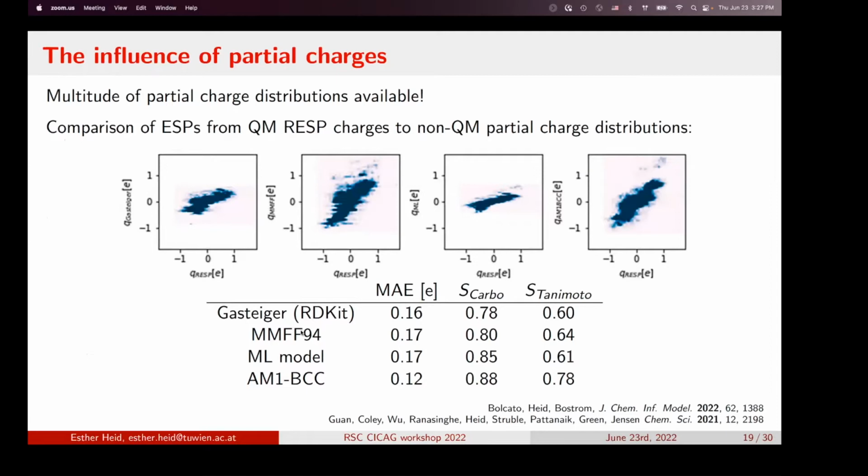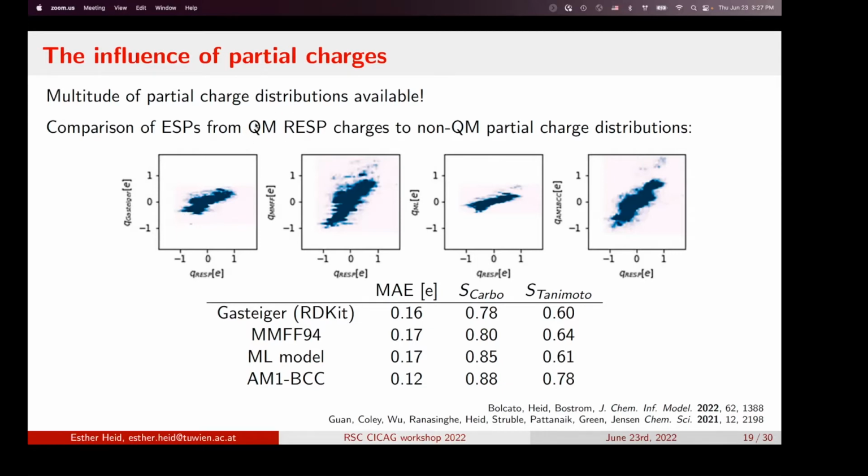We did a little benchmark study where we compared the charges and the electrostatic potentials from Coulomb calculations to different non-Coulomb partial charge distributions that are readily available. For example, we found that Gasteiger charges, which are over here and are the default in RDKit, are usually much smaller than charges you would get from Coulomb.